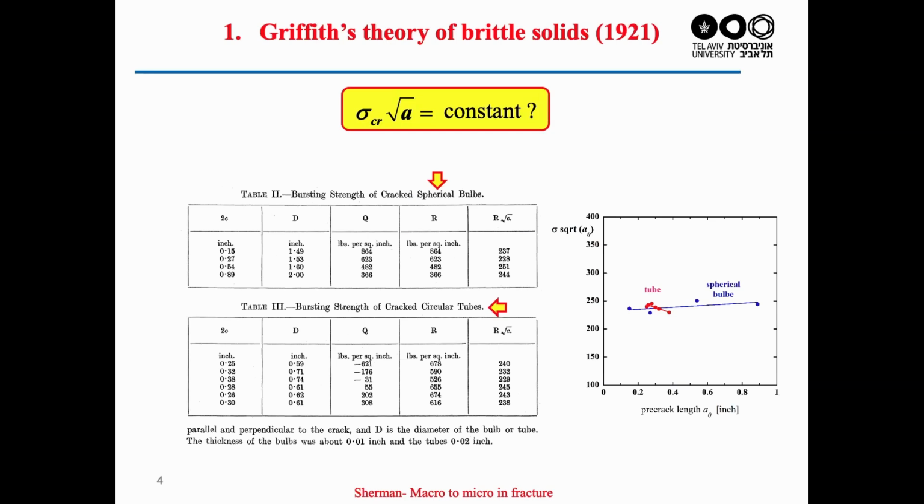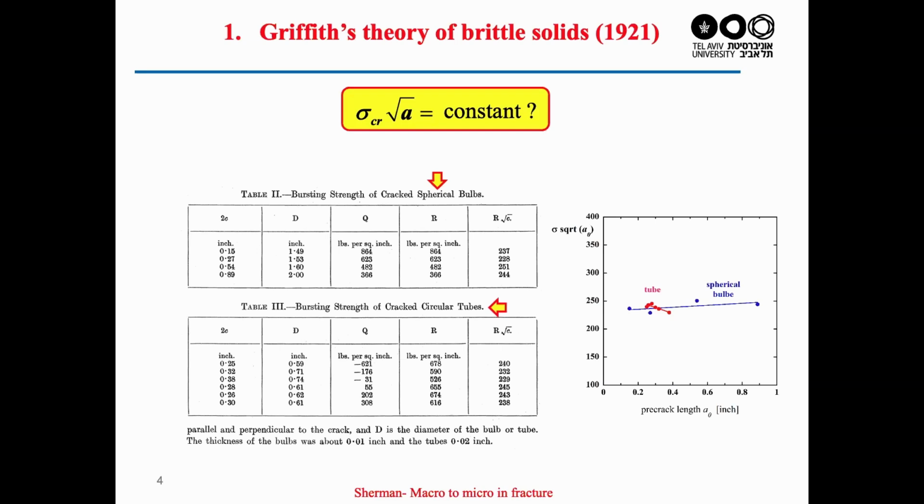I just want to show some short information from the Griffith paper. This is the Griffith paper. He tested spherical bulbs and circular tubes, and he wrote 2C. This is the crack length, and sigma square root of C. I plotted it.